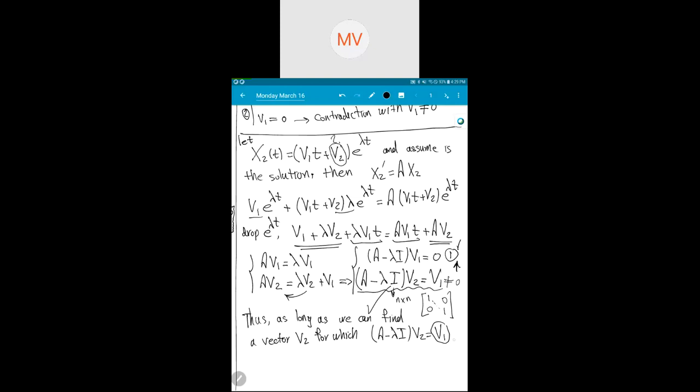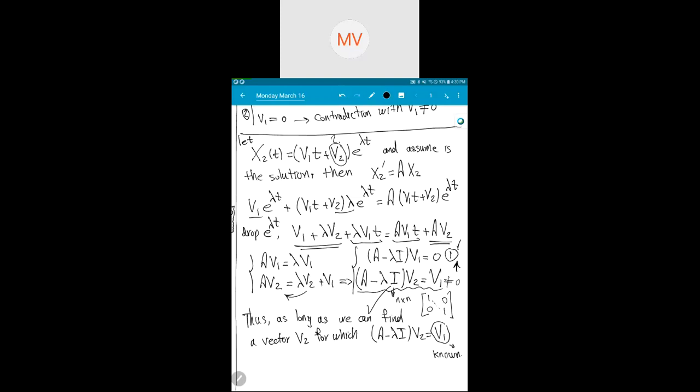So this is known. This is known. That was the vector we already found. So this is known, and we simply solve that system.